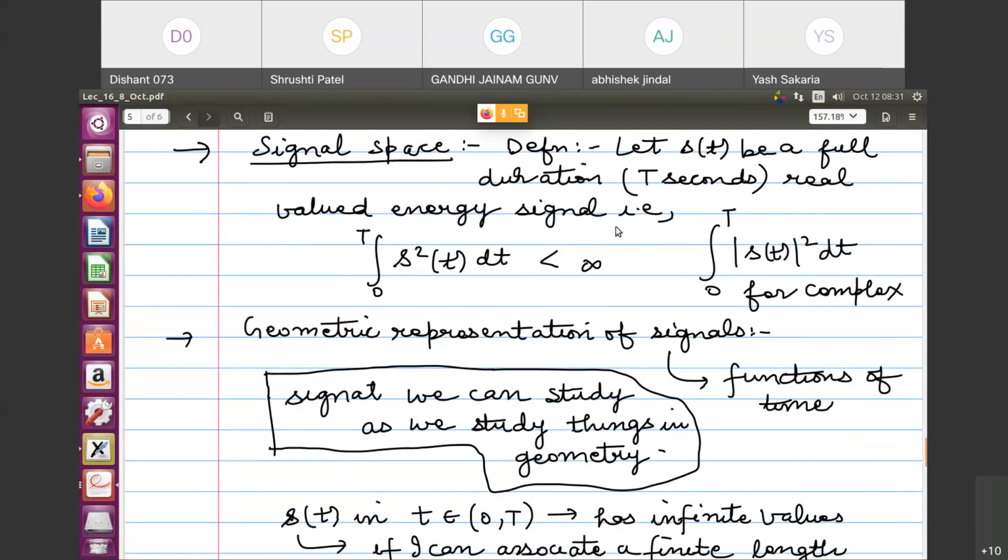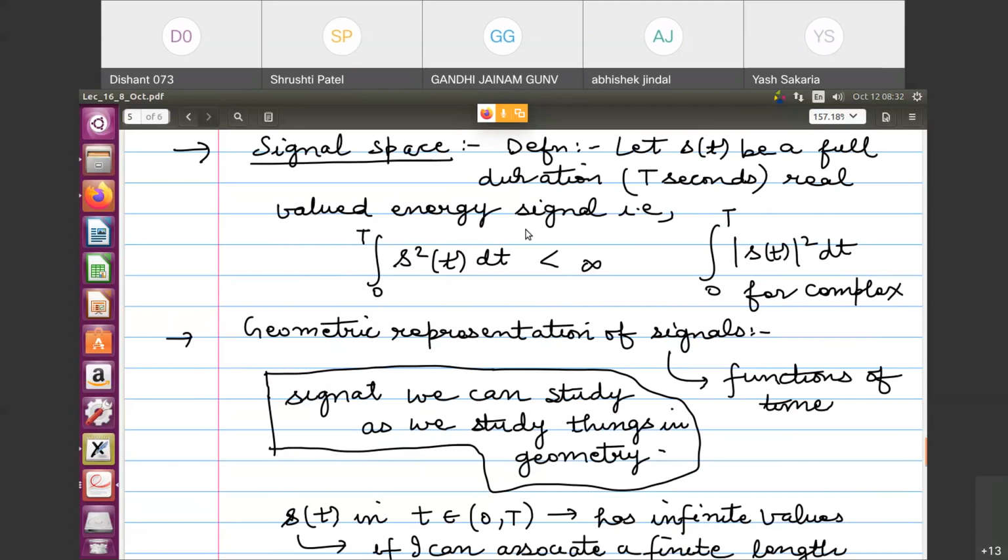Now, saying it's a real valued energy signal means its energy is finite. We want to consider those signals only, and there are several reasons for saying that we should only study finite energy signals for real implementation. We are not going into that, but you may correlate it with your signals and systems, or you may look elsewhere for why only energy signals are mostly studied.